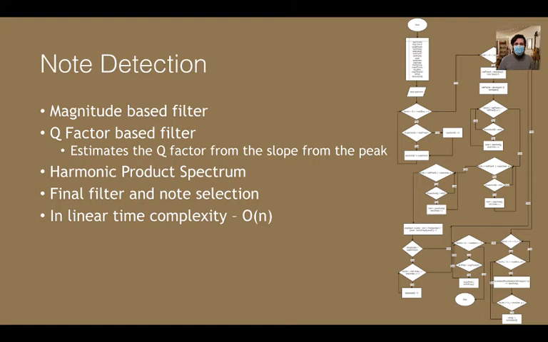But instead we relied almost entirely on the harmonic product spectrum, which we did have to do certain things to make work reliably. We found that the harmonic content as notes went up tended to have a different response. So we changed the harmonic response for different ranges of frequency bins to further emphasize higher harmonics, and as a result, it'll give an even magnitude across our detection spectrum.